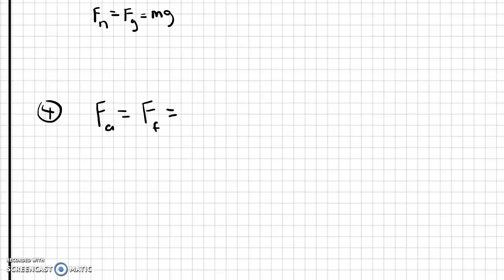The force of friction was equal to mu times the normal force, and the normal force was equal to m times g. So the force applied is equal to mu times m times g. These are all values that we actually know at this point.